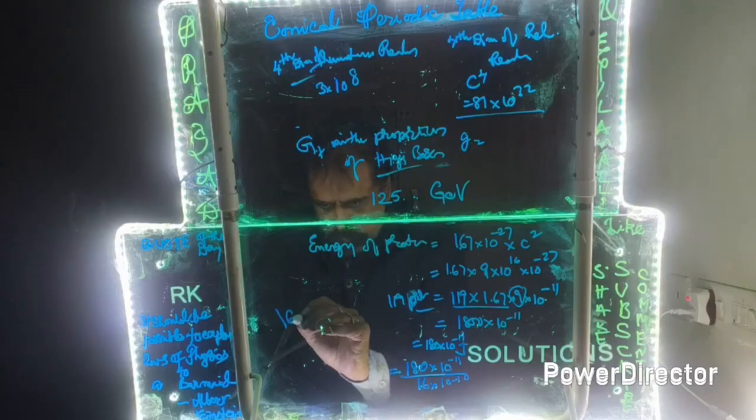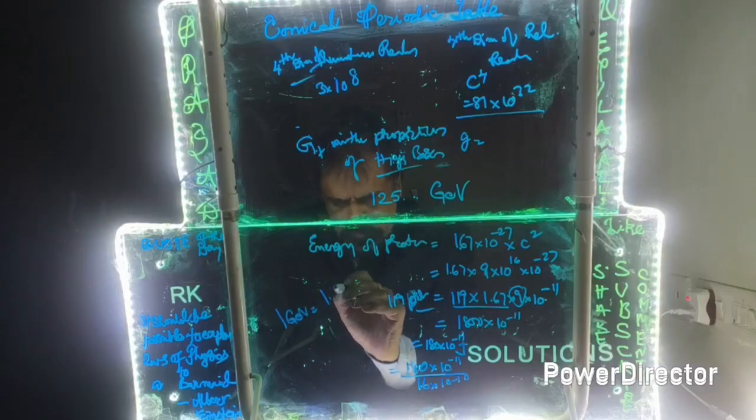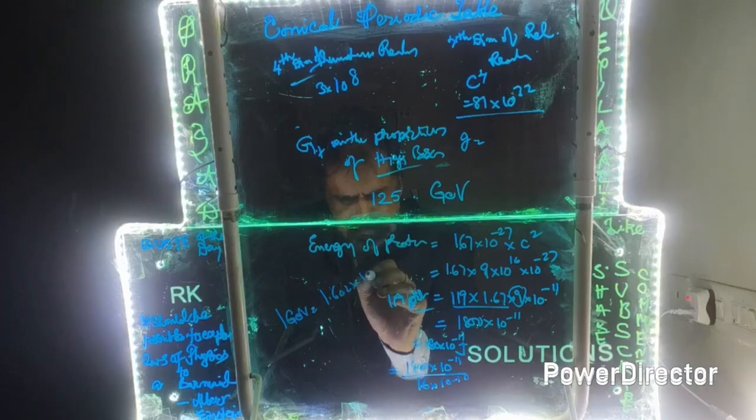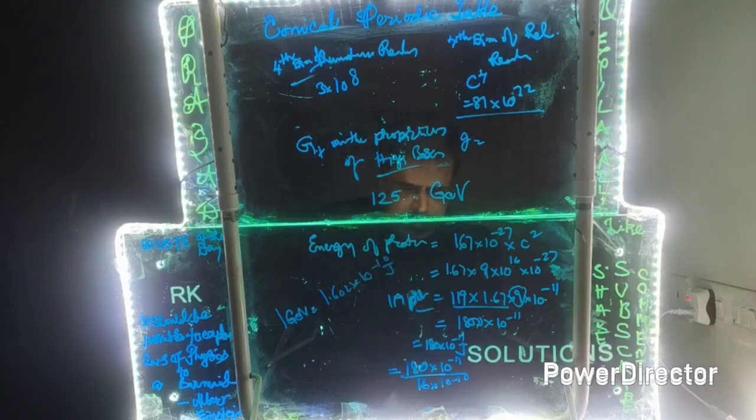1 giga electron volt is equal to 1.6 into 10 raised to minus 10 joules. So taking the same thing here, dividing the energy in joules by this, we will be getting 111 giga electron volts.